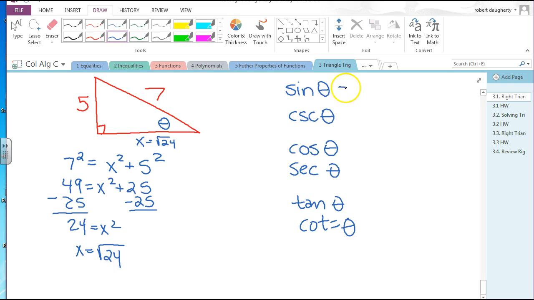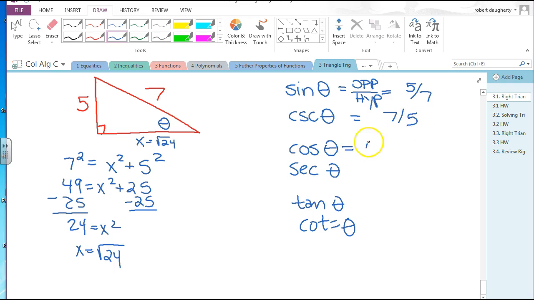Yeah, sine is opposite over hypotenuse. So what's the value of the sine of that angle? 5 over 7. The cosecant is the reciprocal of the sine. What's the cosecant? Yeah, 7 over 5.